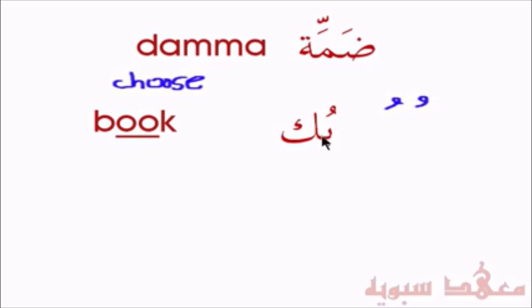We have here the ba with a damma, followed by the kaf, which has the K sound. So here it's pronounced as book. This letter alone with the damma would be bu. Similarly, we have the word in English put. There's a u sound that represents the sound a damma makes.